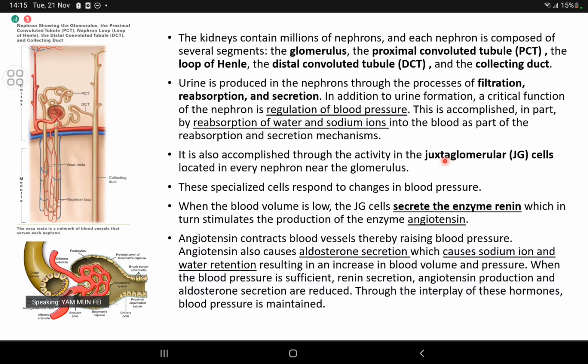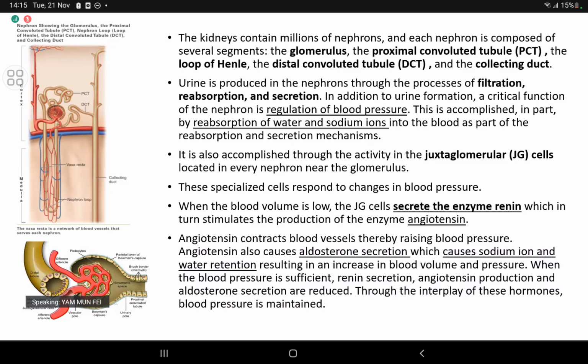Another structure or cell you need to understand is the juxtaglomerular cell. Where is the juxtaglomerular cell? Look at the figure here in the left bottom. The juxtaglomerular cell is a junction or connecting area between the afferent arteriole and the distal tubule.